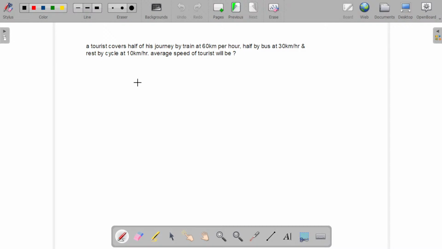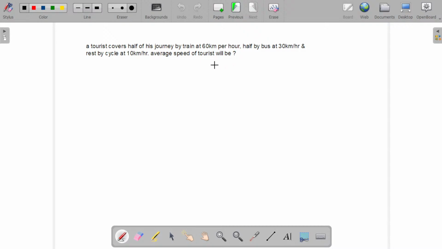So half the journey by train at a speed of 60 km per hour, half by bus at 30 km per hour, and the rest by cycle at 10 km per hour.